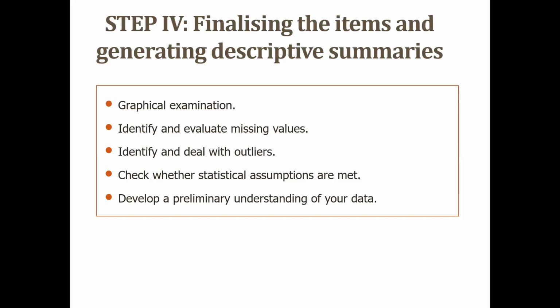It clearly shows that perhaps that respondent, if you cross-check and that is the true score for that variable for that case, then that case might not belong to the population of interest. It might just be an abnormality in that particular population.